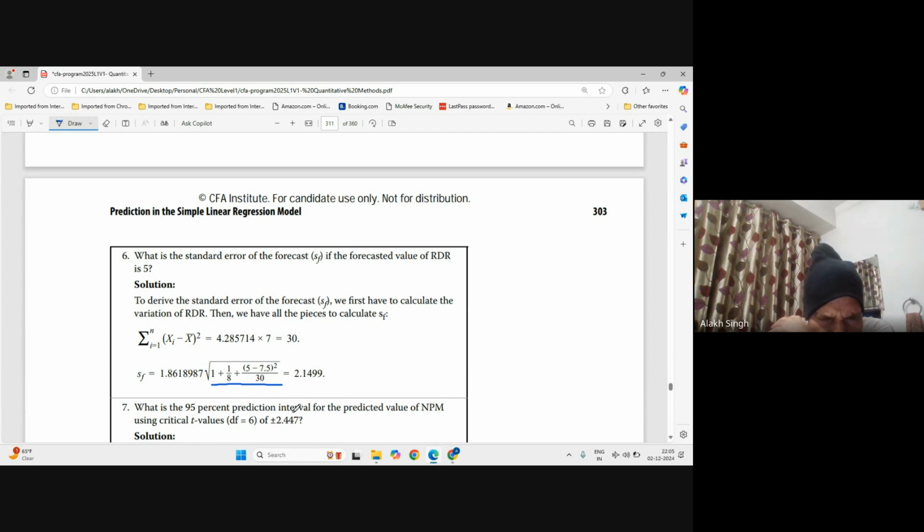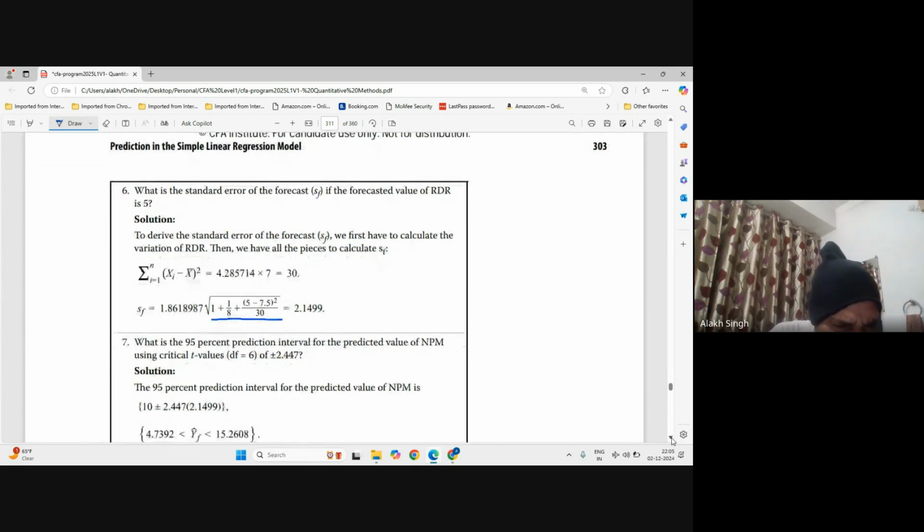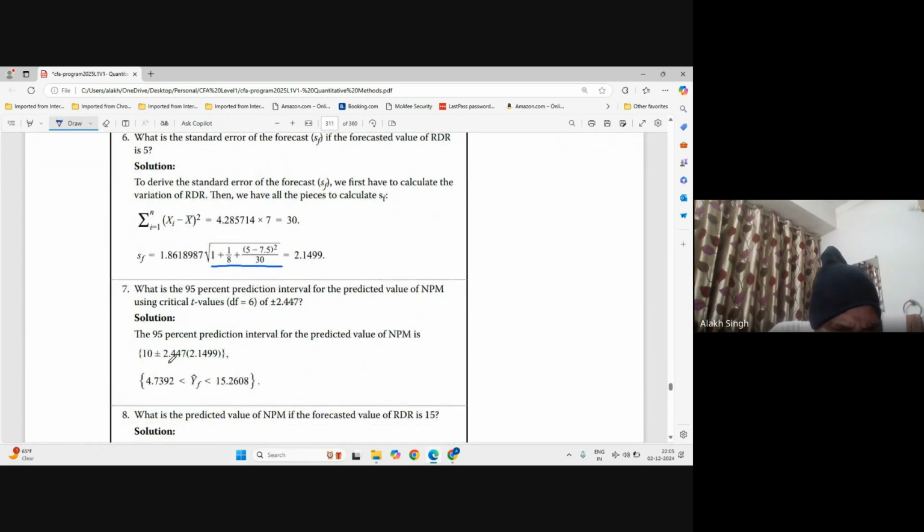So about 2 times 5, we will have 10 plus 5 and minus 5, so between 5 and 15, or well, 4 and 16. That is what it should be: 10 plus minus 2.447 times 2.14, so 4.73 and 15. That is what I had said.